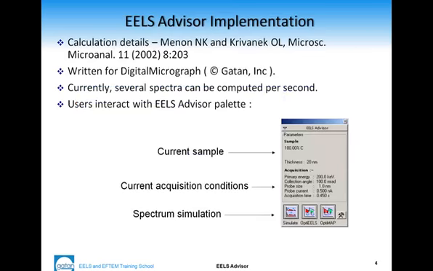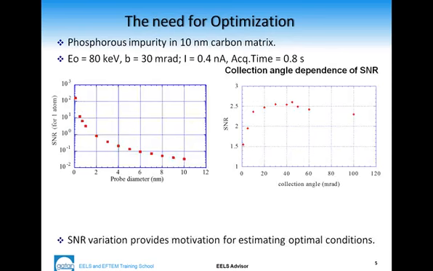As we mentioned before, one of the important aspects of the software is optimization. So we know that the EELS spectra that we get in general are very much dependent on what the sample and acquisition conditions are.